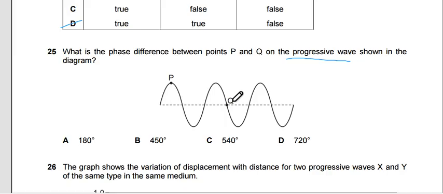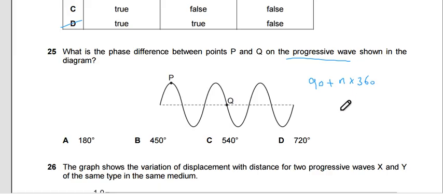So between them, the phase here is 180, so the difference should be 90 or its equivalent. By its equivalent, we mean 90 plus some multiple n of 360.